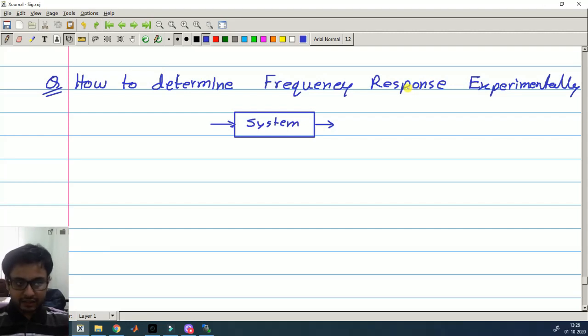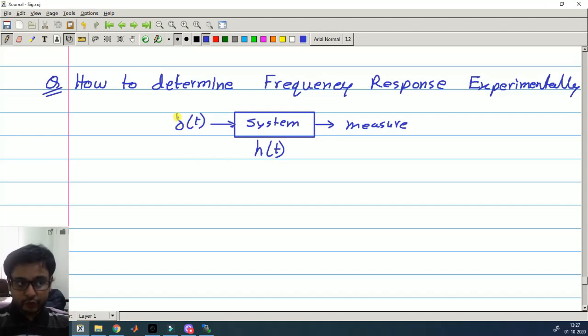Remember, earlier we talked about impulse response h(t), and impulse response also contains all the information about an LTI system, and we can determine this experimentally. You may think of giving a delta signal as the input and measuring the output. That output signal will be the same as h(t) by definition.